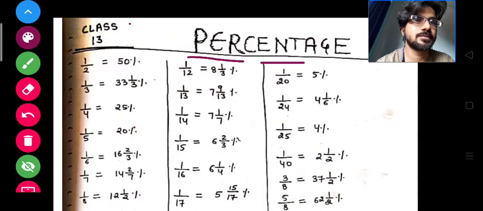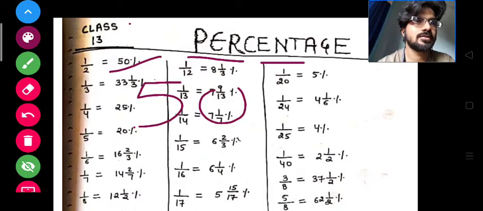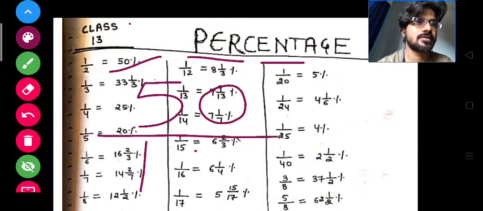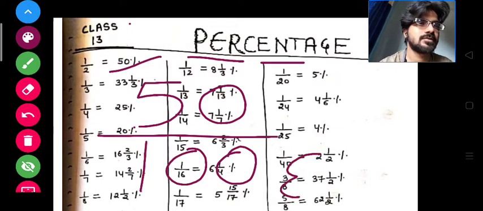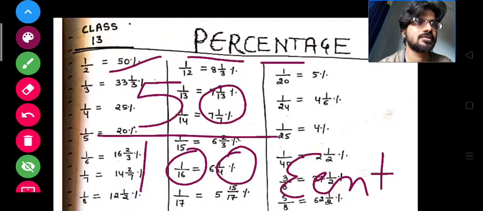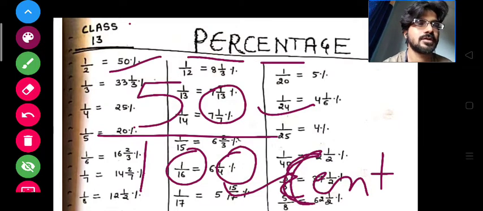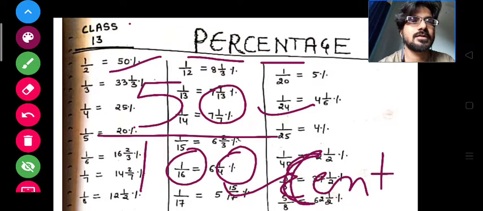So anything, suppose 50%, is anything whose base is 100. 50 per cent, cent means 100.